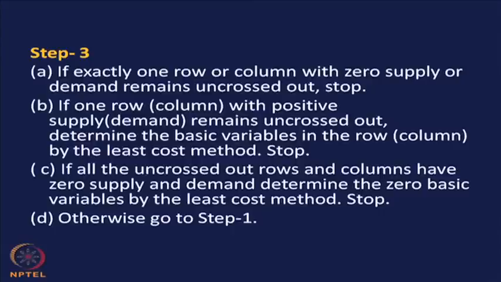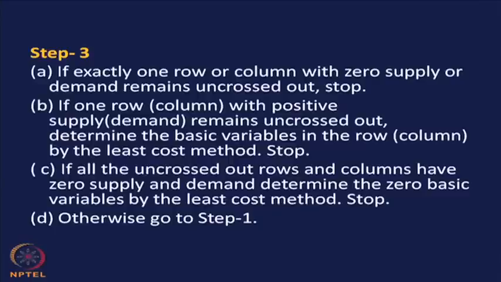That means you have allocated all the cells depending upon the availability and requirement. B: if one row or column with positive supply or demand remains uncrossed out, determine the basic variables in the row or column by the least cost method and then stop, the method we discussed in the last class.